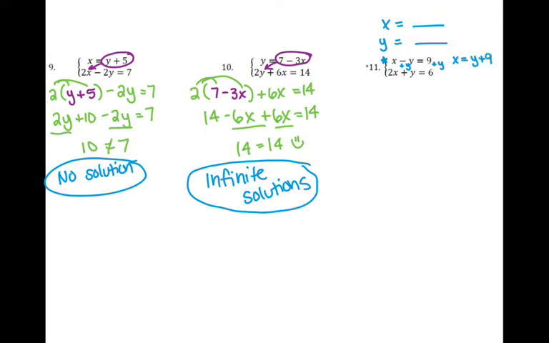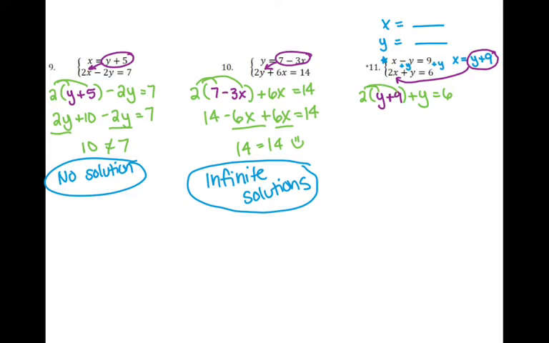And now it is set up to where the other systems were, where you have an isolated variable and you can make the substitution. So now I can rewrite my second equation, but of course instead of x, I can replace it with y plus 9. And from here, I can continue to solve.